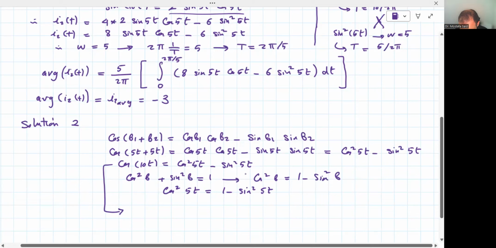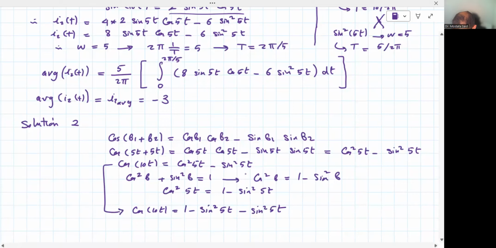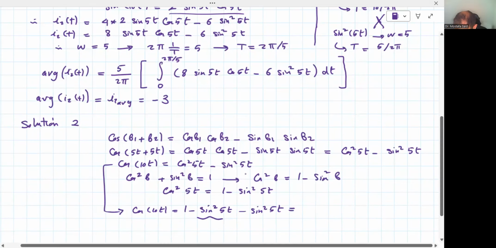Then we can substitute in the first equation. So cosine 10t, I'm going to remove the cosine square and put 1 minus sine square 5t, minus sine square 5t. This can be added, so 1 minus 2 sine square 5t.